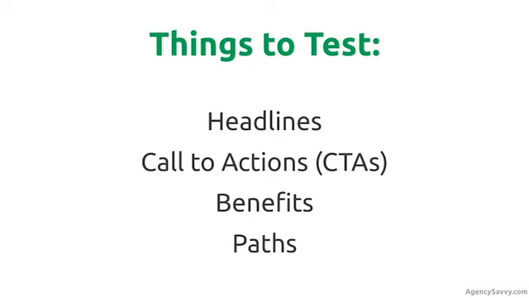Test different benefits. Now, we could probably talk about benefits for an hour and the difference between features and benefits. Best copywriting tip I was ever given is when somebody writes a sentence, put "so what" on the end, answer that question. That's generally going to be the benefit.